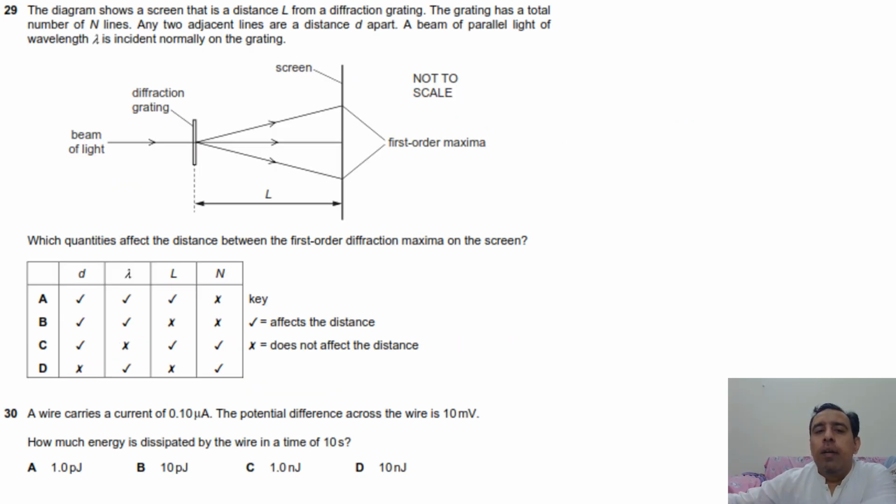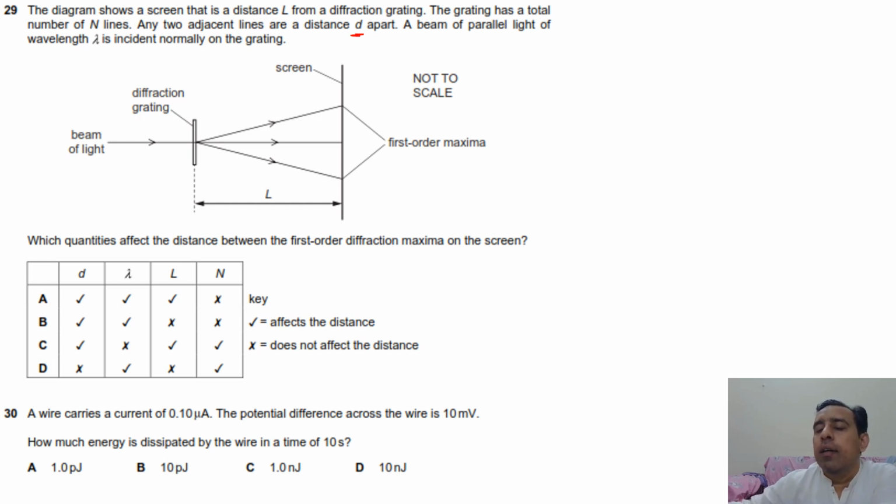You have to see this question. This is the diffraction grating. You know that n is the number of lines per centimeter or millimeter. Any two adjacent lines are at a distance of d apart.